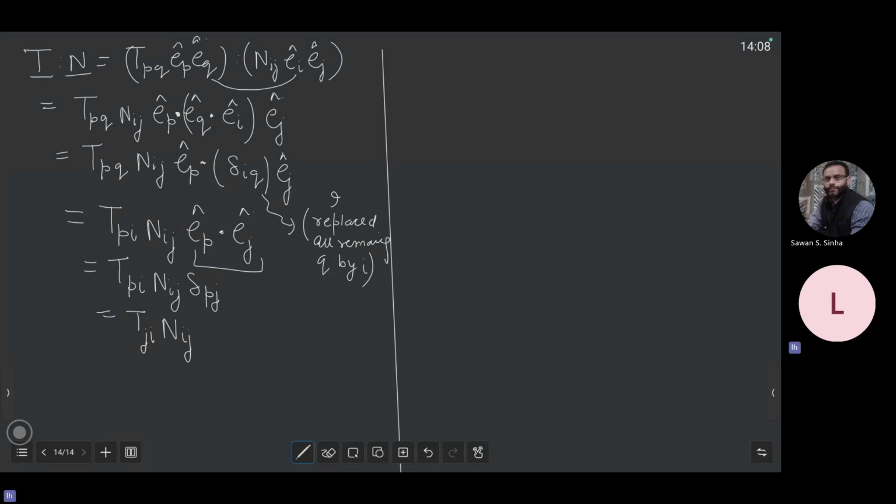Threw away delta, replaced. What did I do? Replace all P by J. Can't simplify any further.